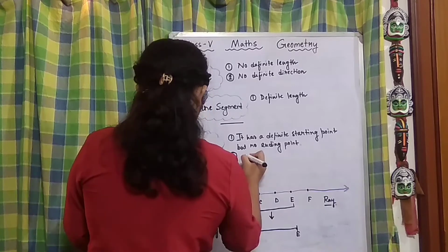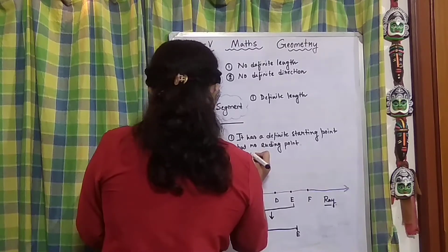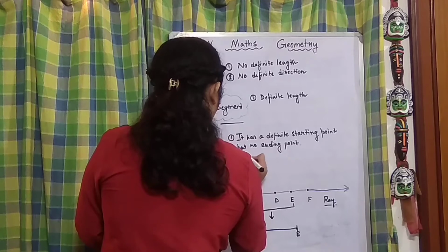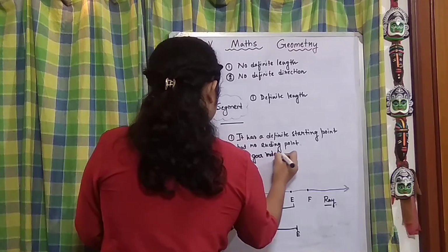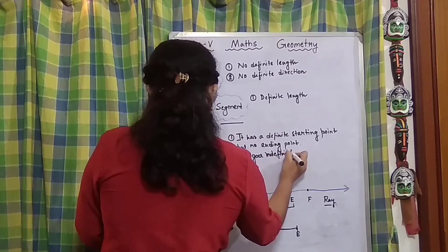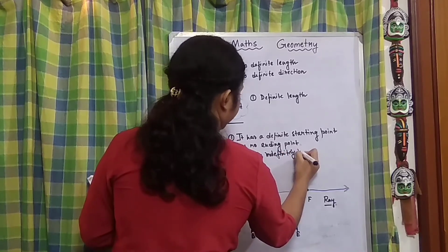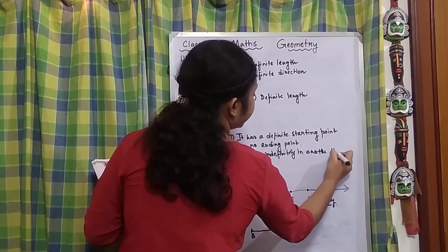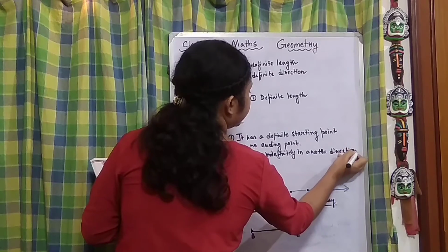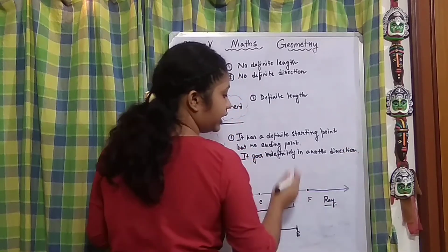Number 2, it goes indefinitely in another direction. That means there is no definite limit to how far it will go.